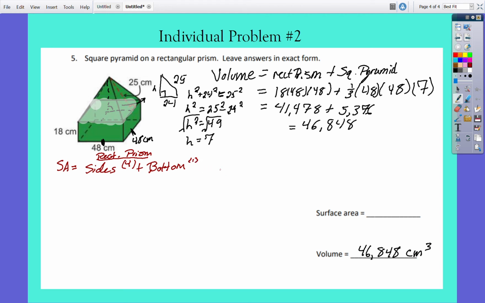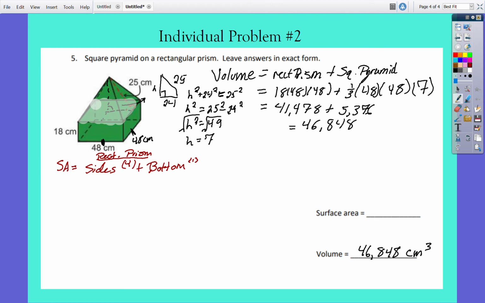Now let's look at the nice pyramid up here at the top. It looks like we don't need to add on the base, that nice square base, but we do have four triangles that are the sides. It's kind of hard to see the other two, but since we have a square, each side of that square has a triangle coming up to the apex.